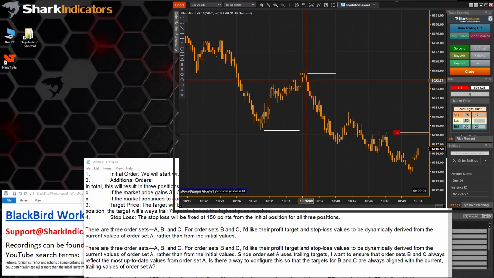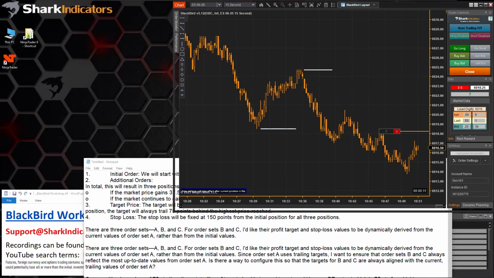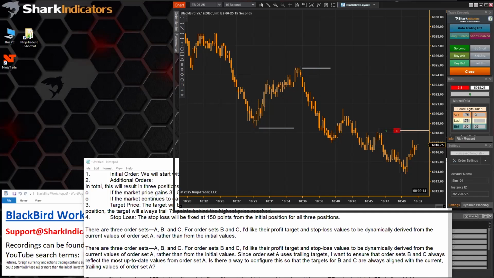BlackBird will not wait a few seconds or a few minutes or a few bars for price to do something. Those exit orders are submitted immediately. As soon as the entry order is filled, those exit orders are placed. So we can't grab a price after the entry order is filled. So what I will do is I will just use the swing high and the swing low.